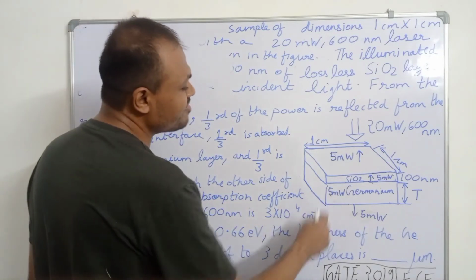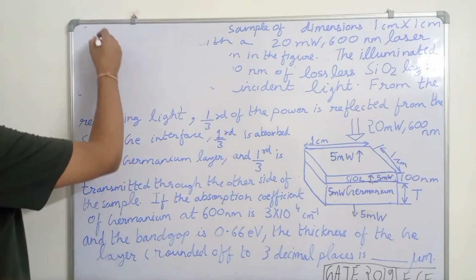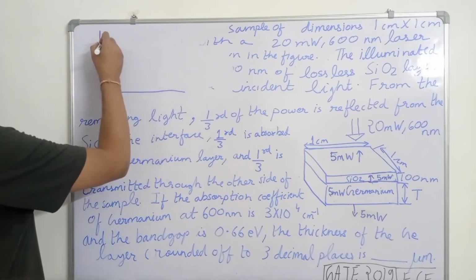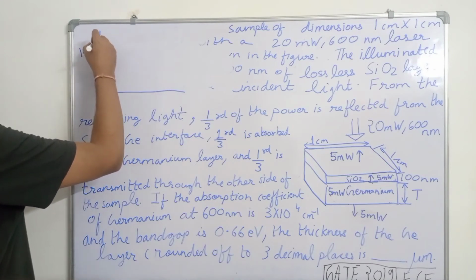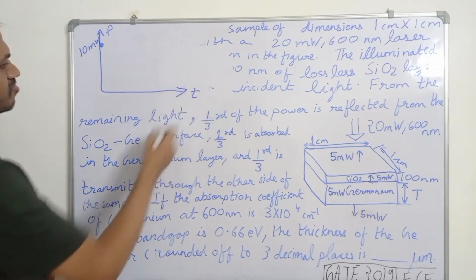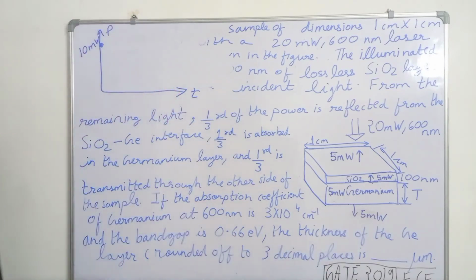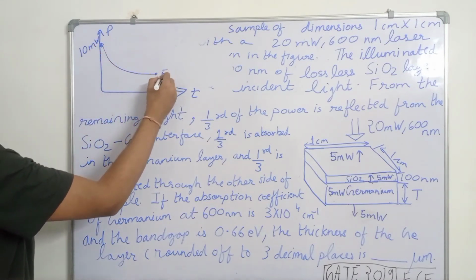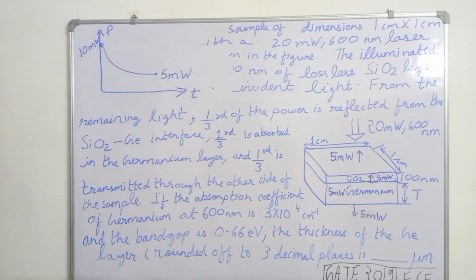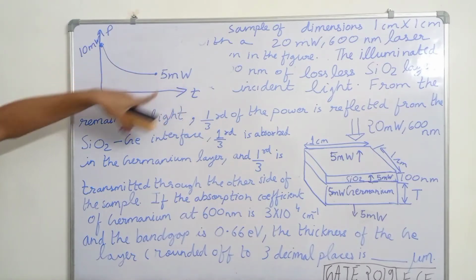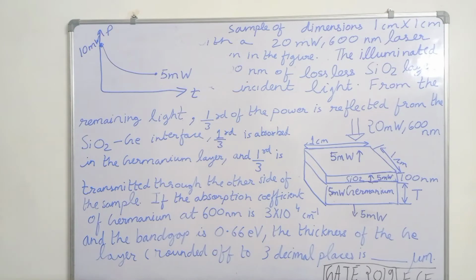So total 10 milliwatt is incident on the germanium layer. Of that, 5 milliwatt is absorbed, and the remaining 5 milliwatt is transmitted through the other side of the sample.